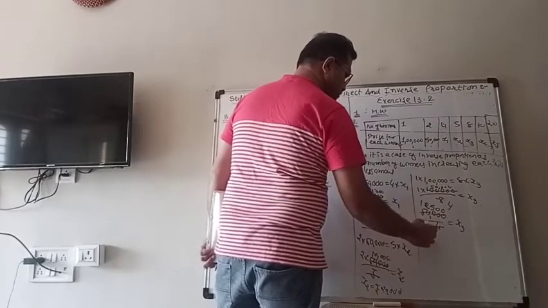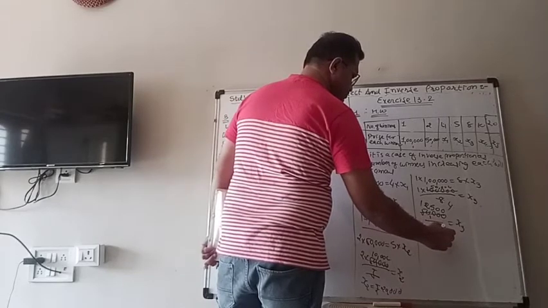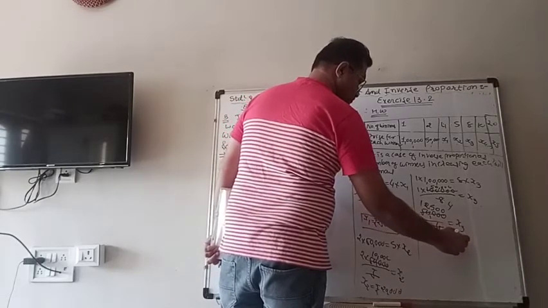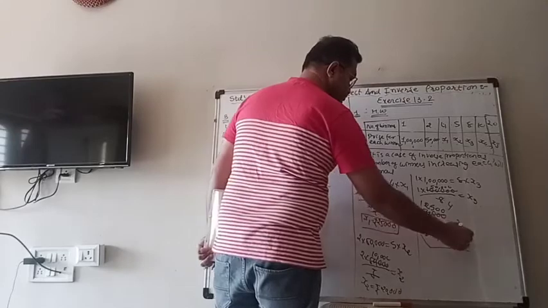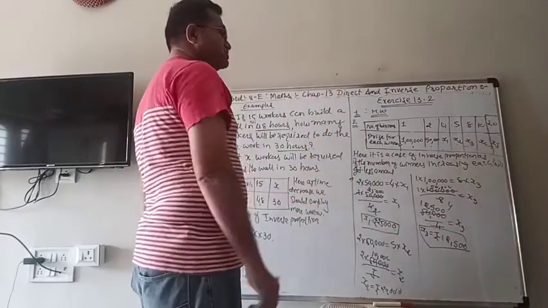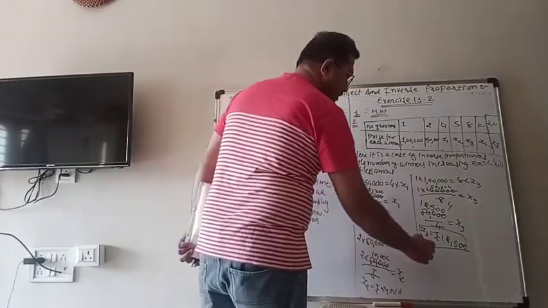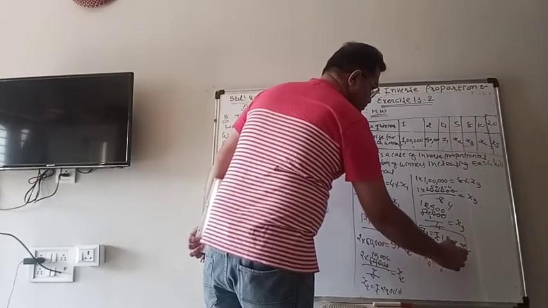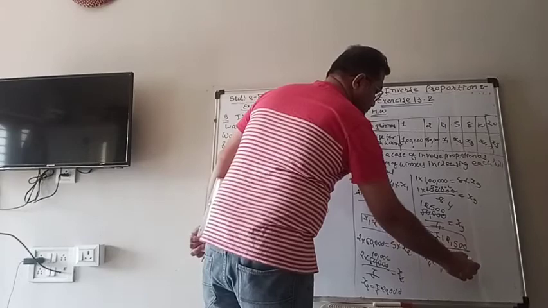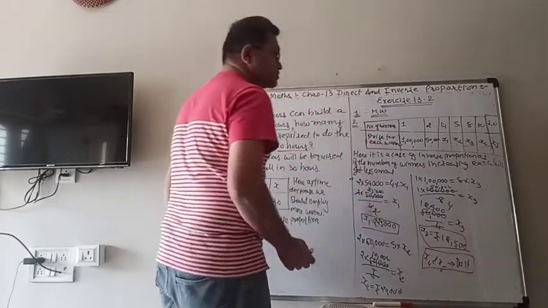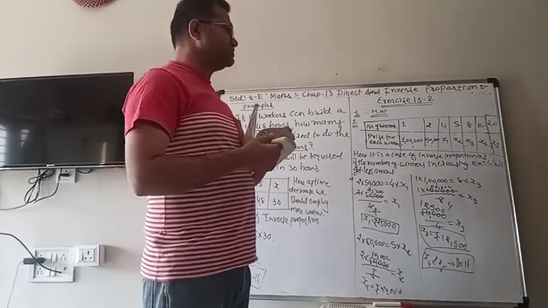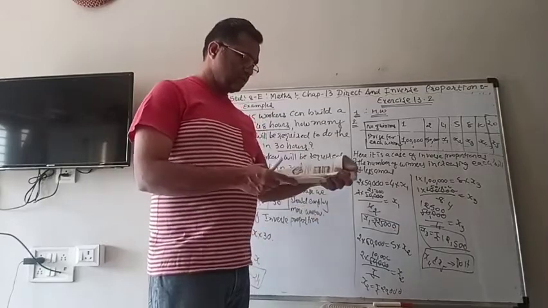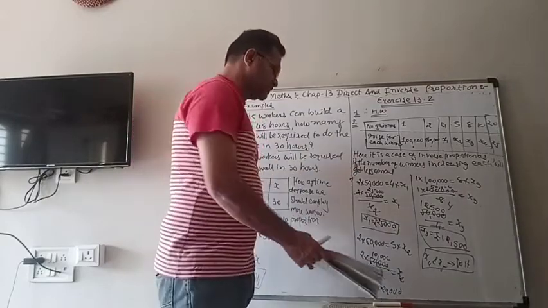So x3 is equal to rupees 12,500. Now going the same way, you can find x4 and x5. Do it yourself, because we have to follow the same way to find the answer.